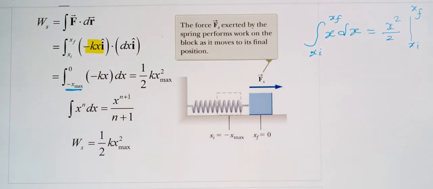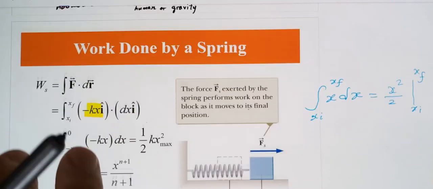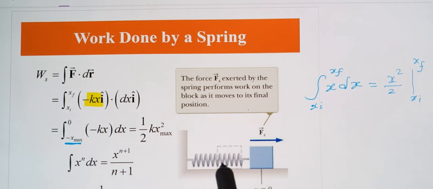If we are talking about work done by the spring, when it is compressed, it will do a positive work, and when it is uncompressed, it will do a positive work. Is it in the i direction? That's correct, it's in the i direction because we are studying the spring on the x-axis.